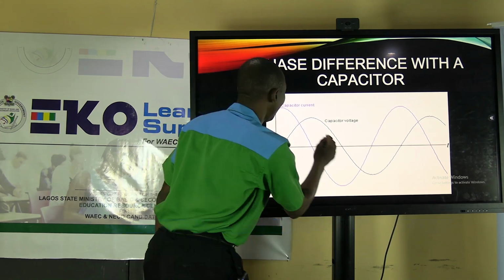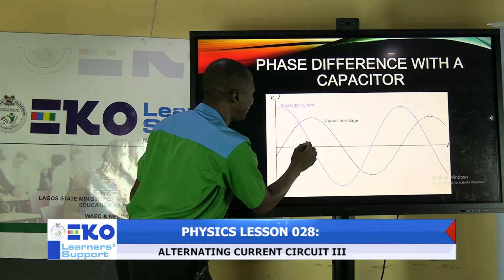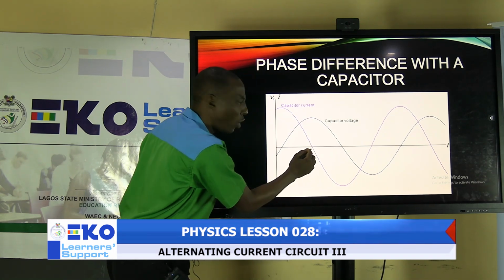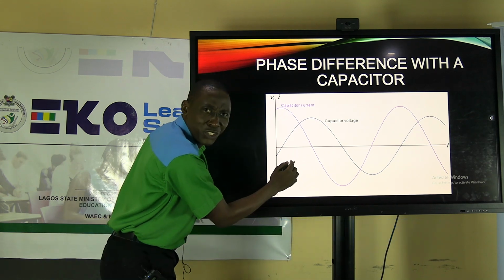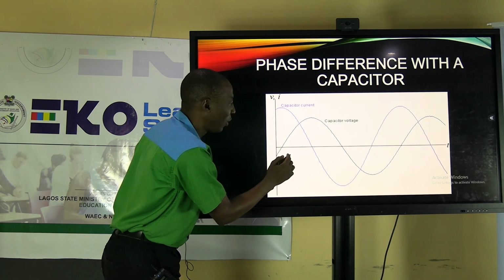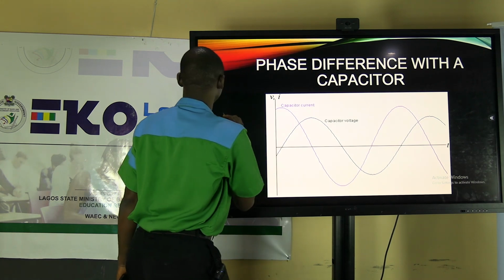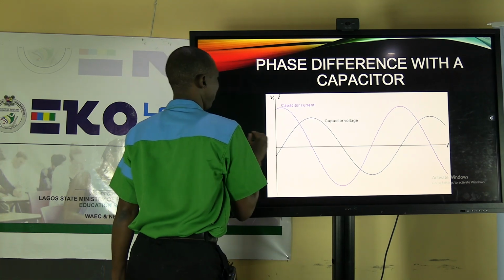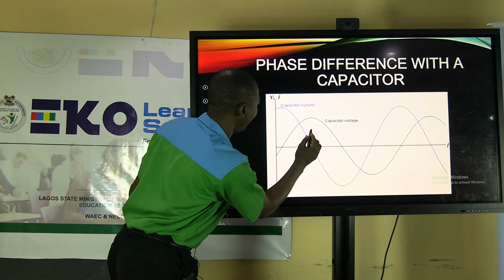Looking at it, as at this place, the current here is 180, considering the sine waveform under mathematics. Now look at it there.